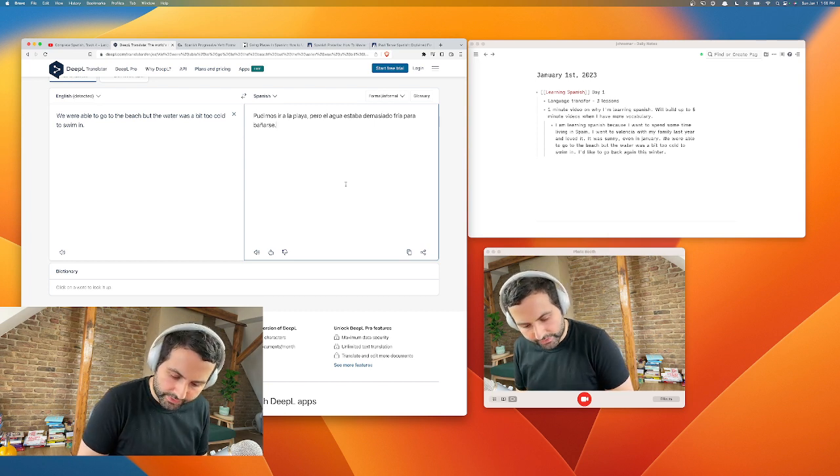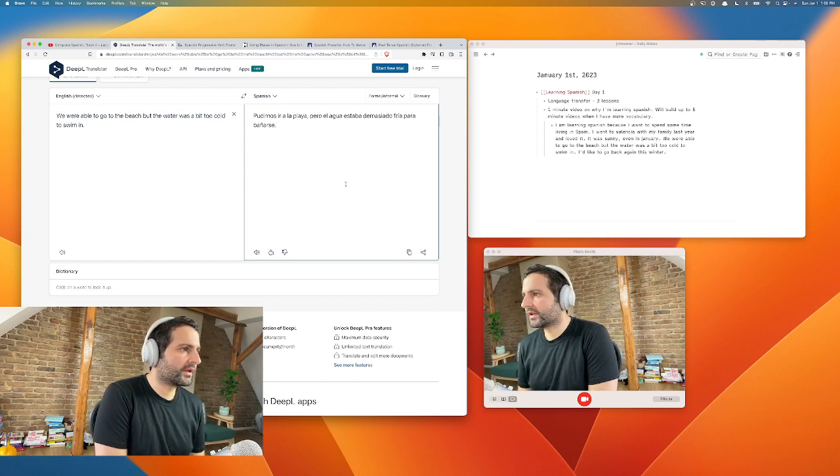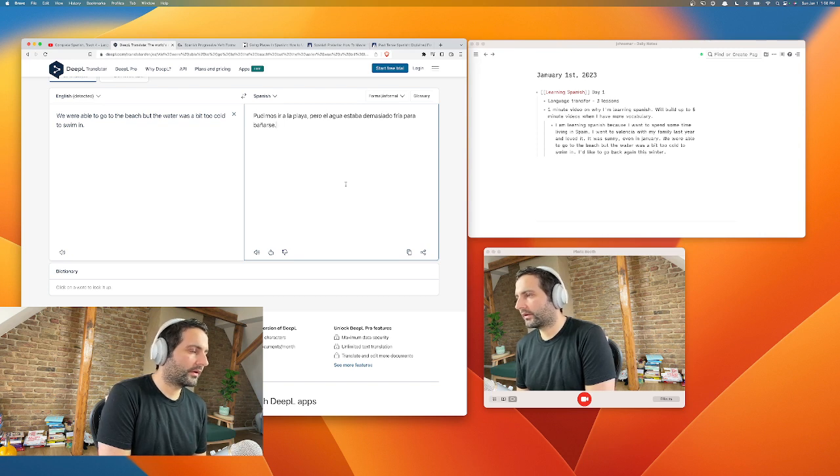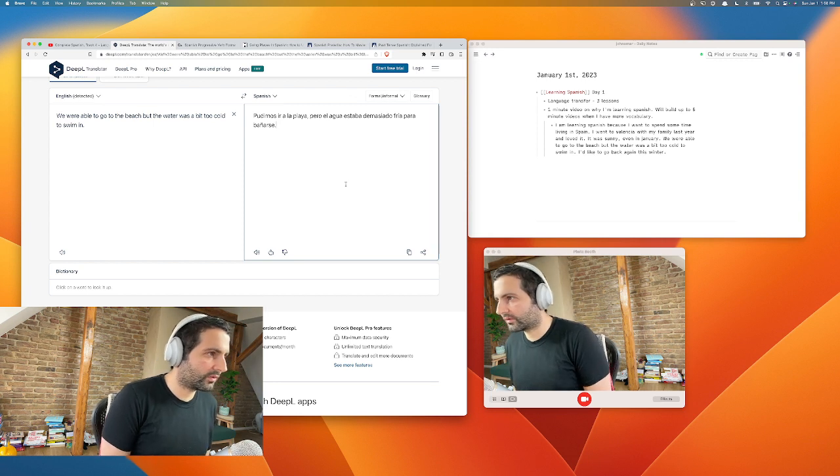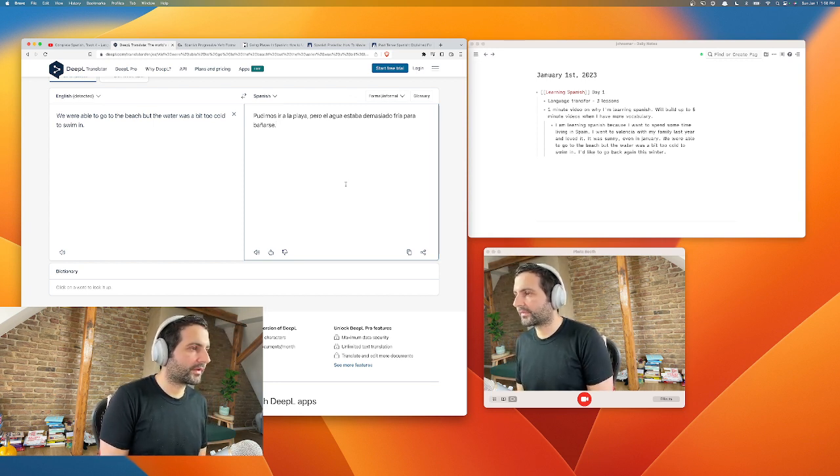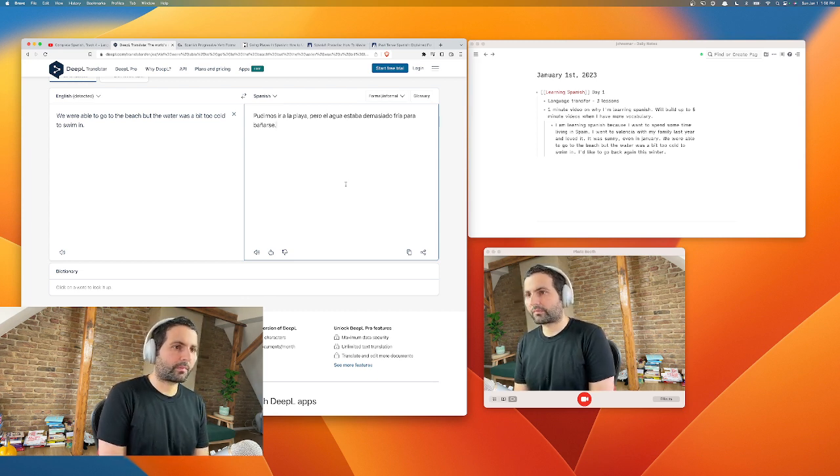Fría, yeah, okay. El agua. So agua ends in A. I would have thought it would be la agua, but it's el agua. That means that these nouns aren't always going to follow a simple rule, but all right, we've dealt with that before in French as well. Pudimos ir a la playa, pero el agua estaba demasiado fría para bañarse. All right.